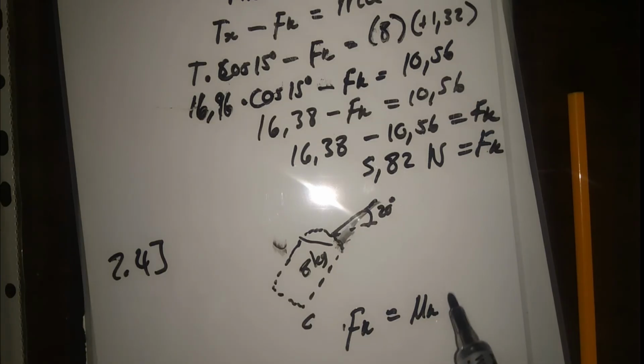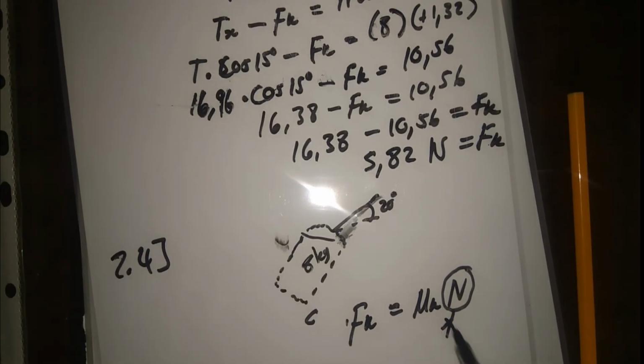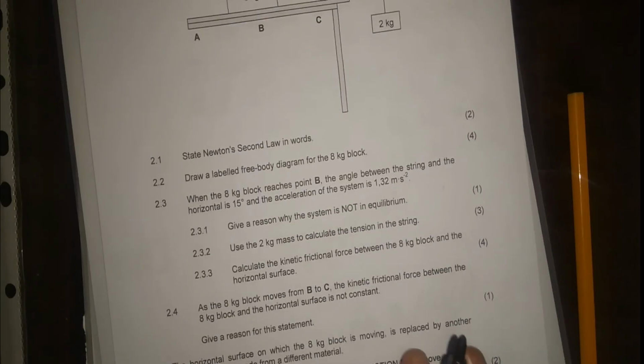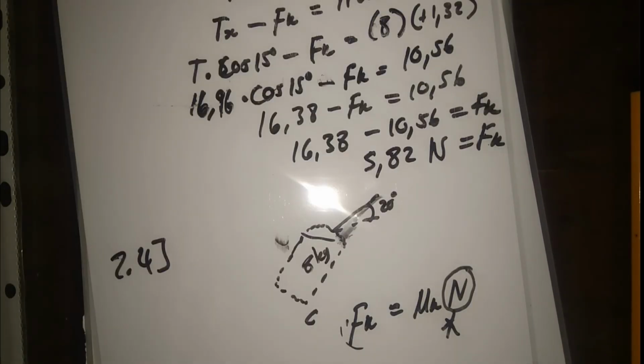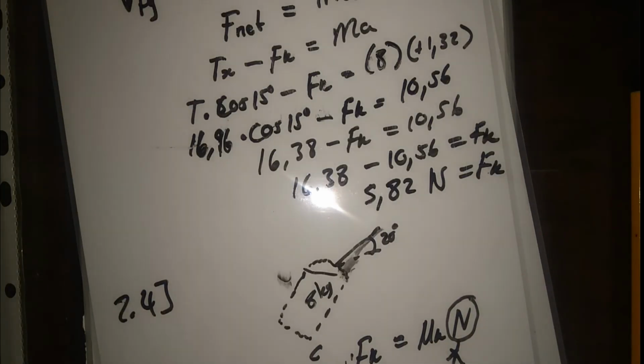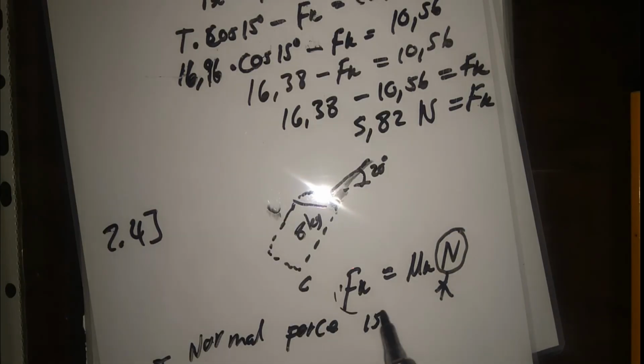Mu k times normal force. If this value here changes, you know the frictional force will change. So it's because the normal force is changing.